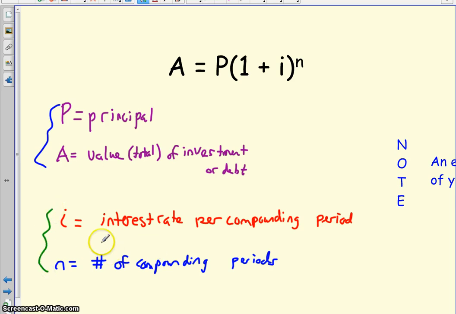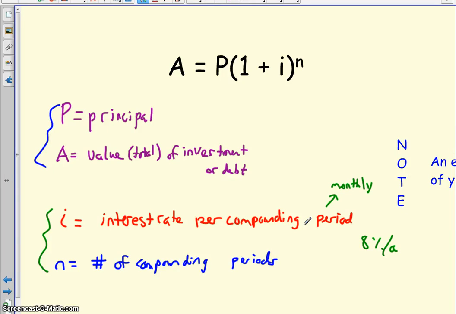So one thing I will say, let's just say we have an annual interest rate of 8%. So 8% per year. And let's just say it's compounded monthly, for example. Well, that doesn't mean they're giving you 8% interest every single month. That would be absolutely absurd. Your investment would grow way too much.